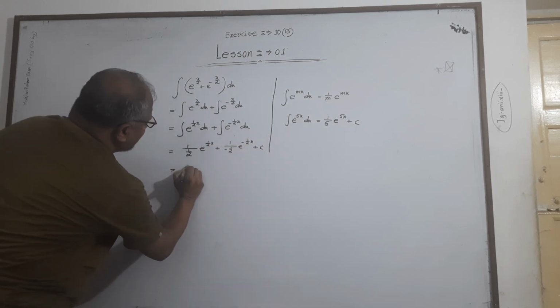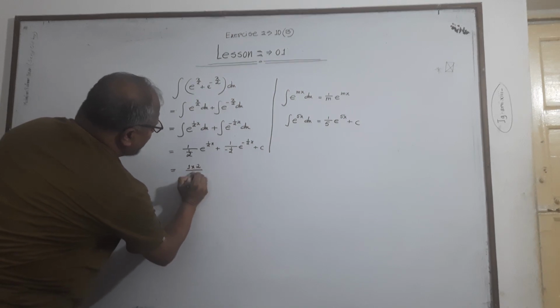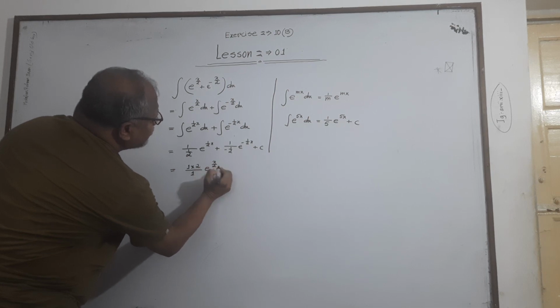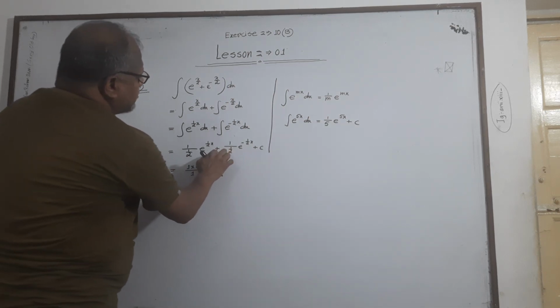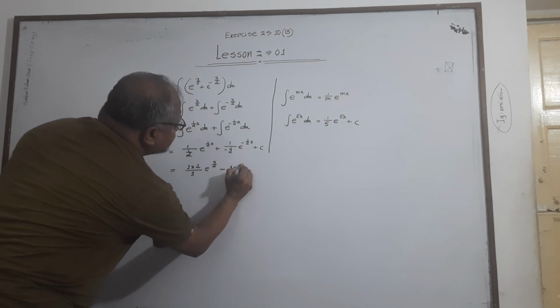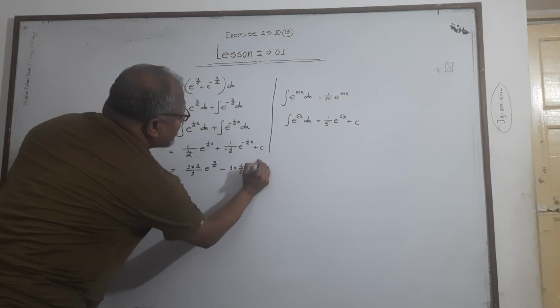That is I can write 1 into 2 divided by 1 e to the power x by 2 plus minus 1 into 2 by 1 e to the power minus x by 2 plus c.